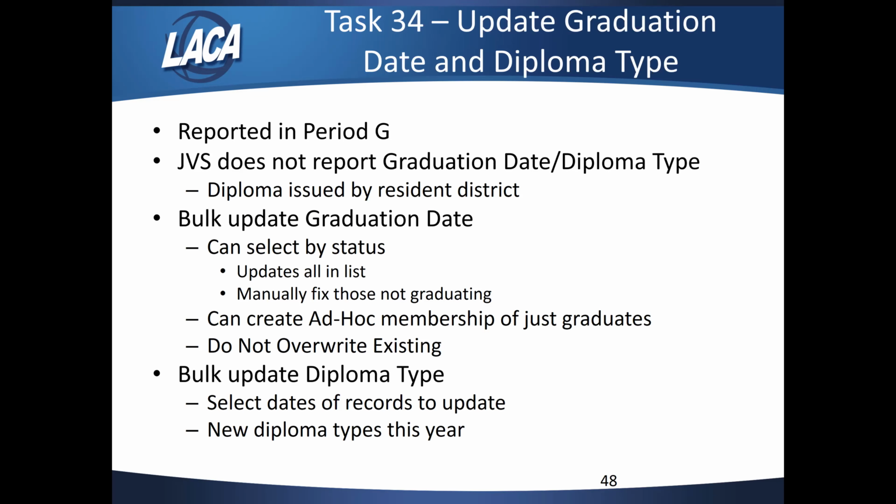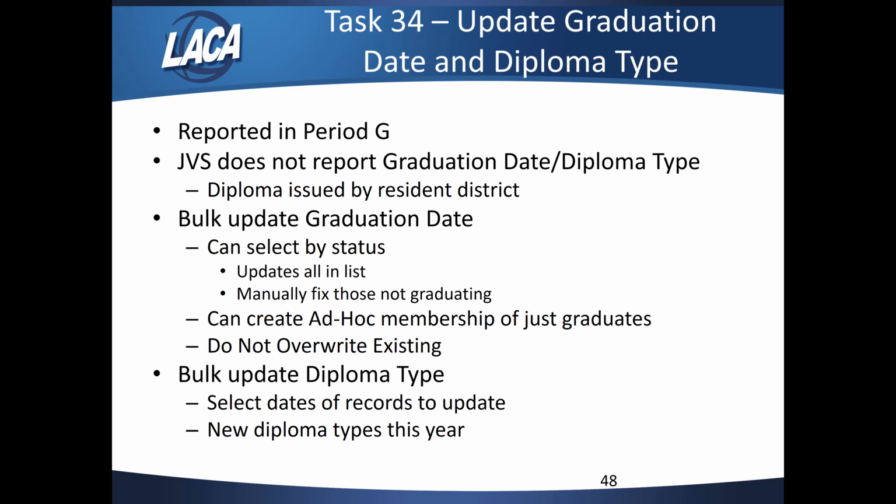Bulk update graduation date. Now, on the bulk update of the graduation date, I recommend doing an ad hoc, because when you do the bulk update, it's either all, and you do it based on grade, it's an all or nothing. So it will pull all seniors, but I have 15 or 20 or 50 that didn't graduate.